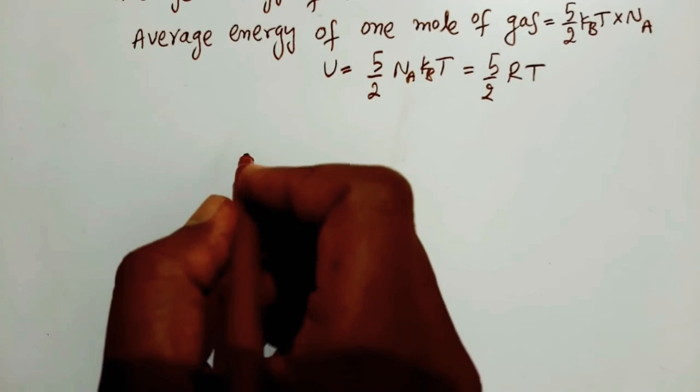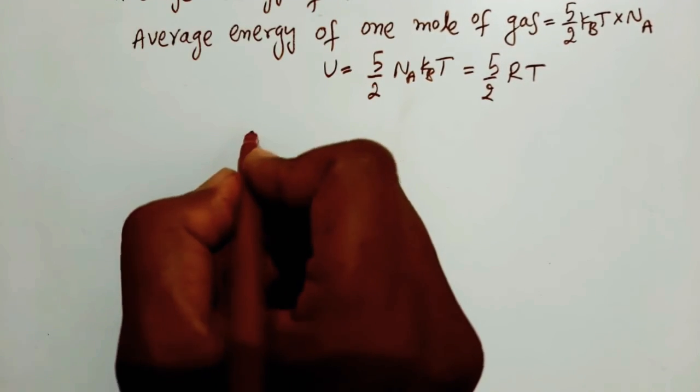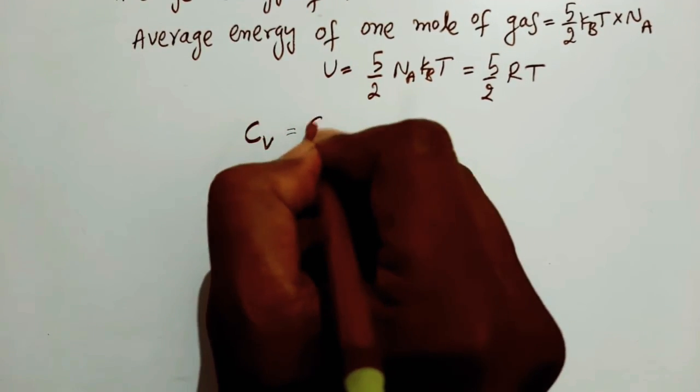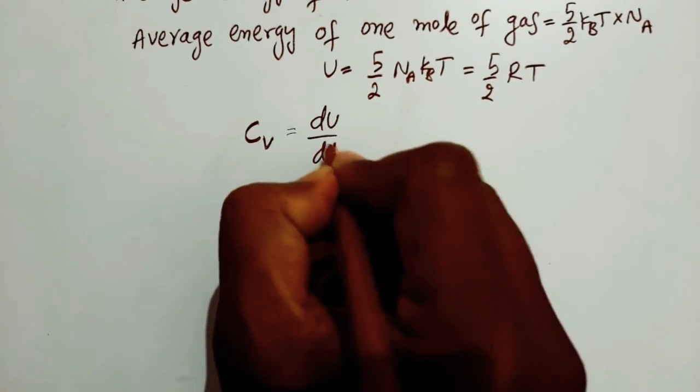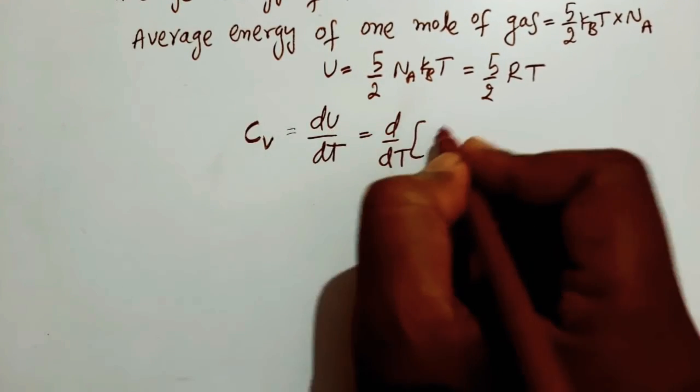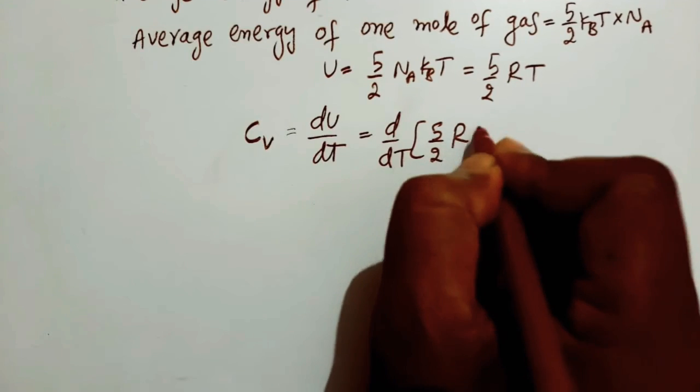Therefore, for a diatomic molecule, specific heat capacity at constant volume, we can write dU by dT, that is equal d by dT of, here U is equal 5/2 RT.